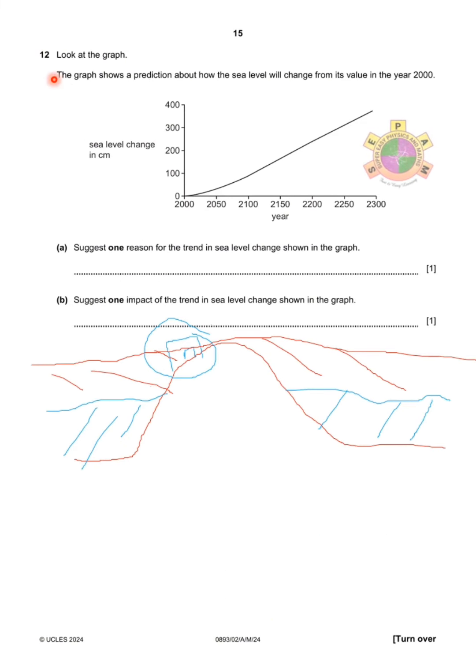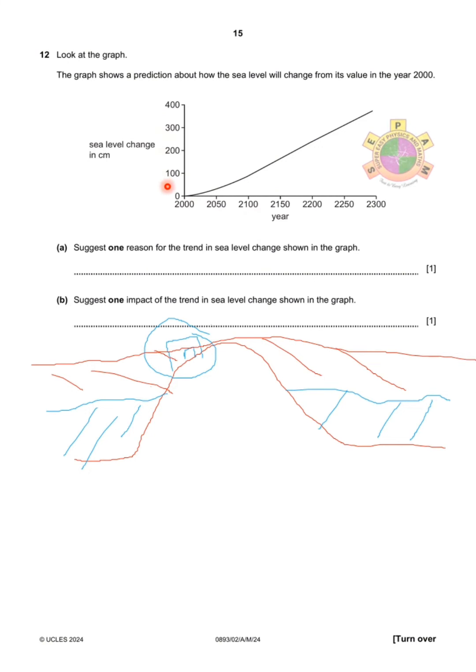Question 12. Look at this graph. The graph shows the prediction about how the sea level will vary from its value in the year 2000, from 2000 to 2300. So let's look at it.